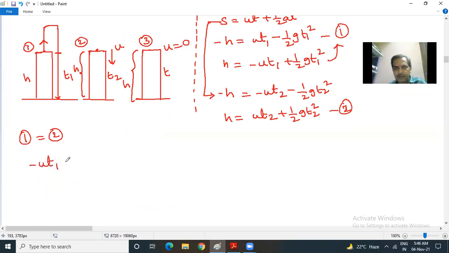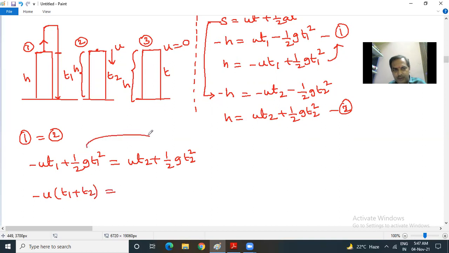minus u t1 plus half g t1 square is equal to u t2 plus half g t2 square. So better you get u left side and you take out common. So it will be t1 plus t2.